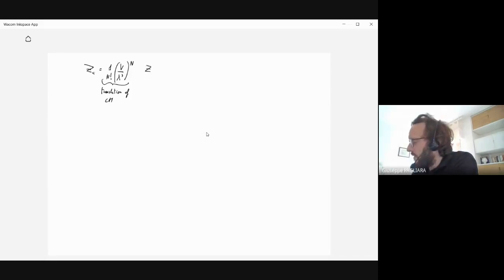Then we have a Z associated with the rotational motion, which will be to the power of N again, and a Z which is associated with the vibration to the power of N. Where those are one-particle canonical partition functions.